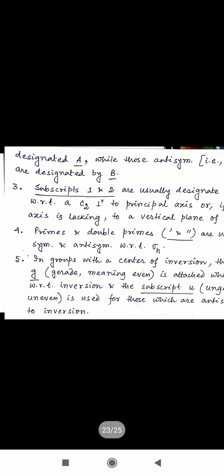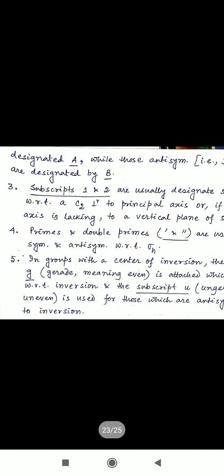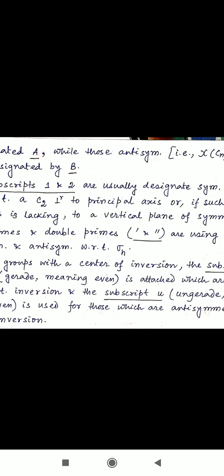Next, I'm going to number 3, where you can see that I have written A1, A2, B1, B2. Why? Where do the 1 and 2 come from? The subscripts 1 and 2 usually designate the symmetry and antisymmetry with respect to a C2 perpendicular to the principal axis, or if such a C2 axis is lacking, to a vertical plane of symmetry.